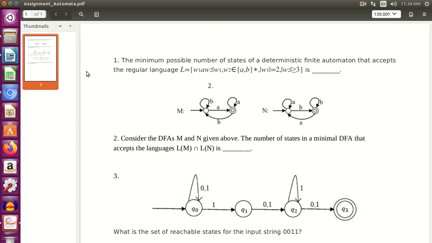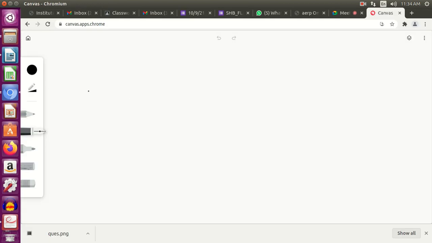The first part of the language should have a length of 2, then there should be an A, and then the length of the other part should be greater than or equal to 3. Okay, it's a simple question, straight cut question. So let us start with constructing the DFA, and let the initial state be A.